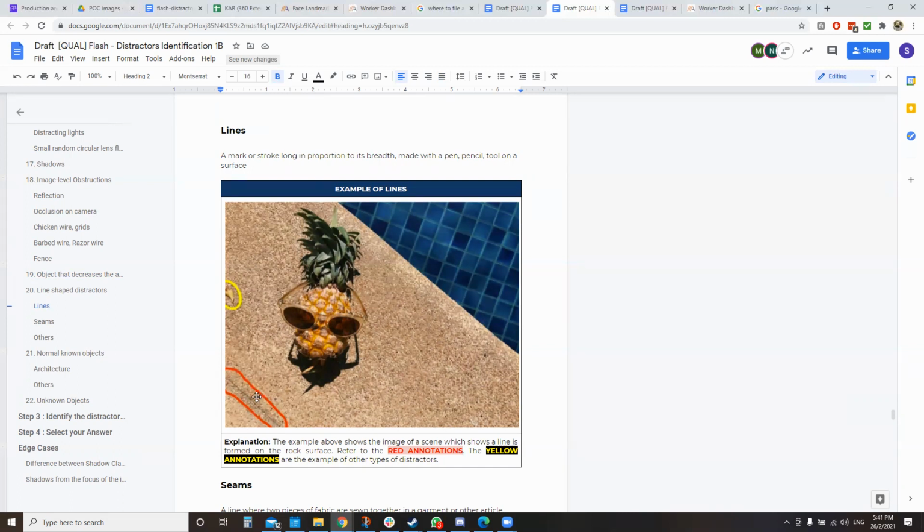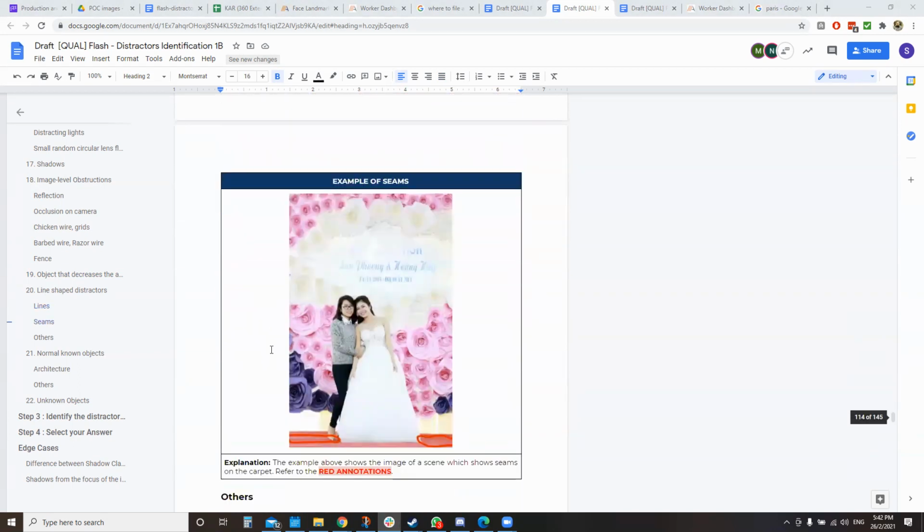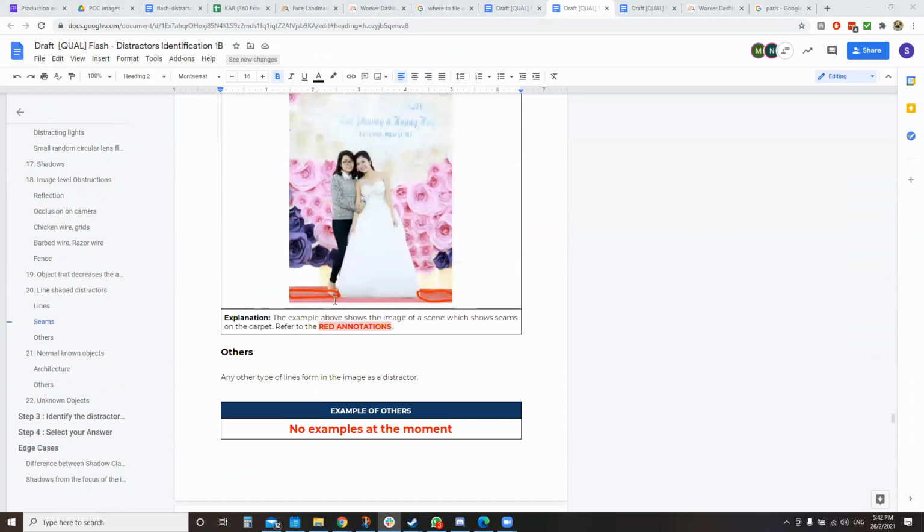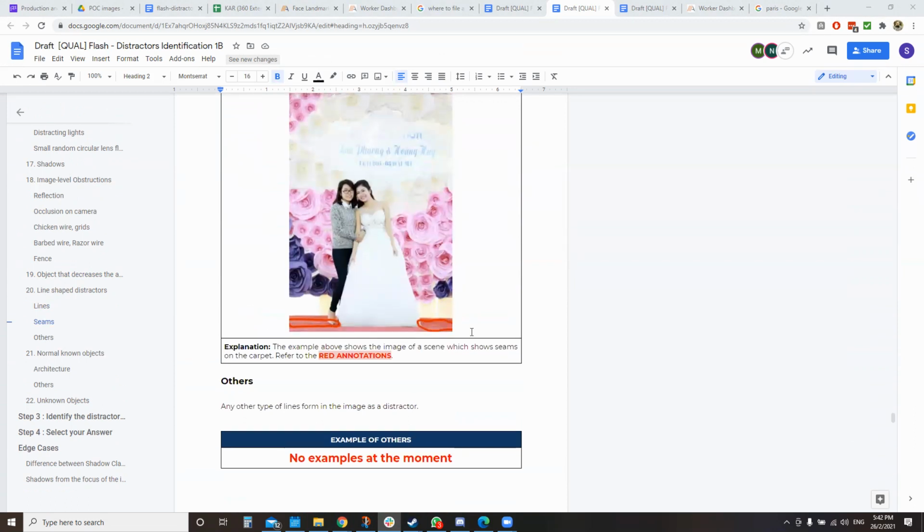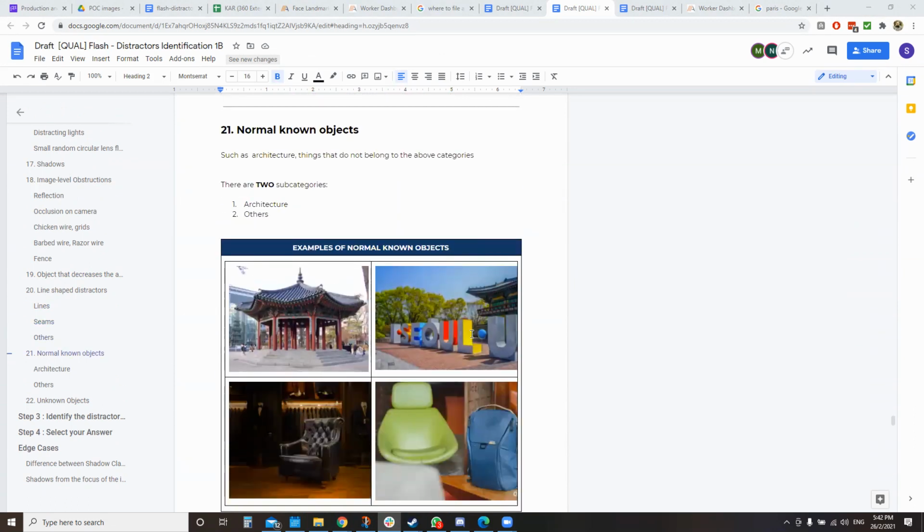Don't go and annotate every single crack you see on the road. So if you see lines like this, you can annotate the line. Here, same thing, the line. Be as accurate as possible.